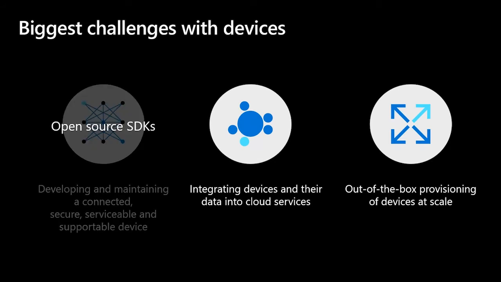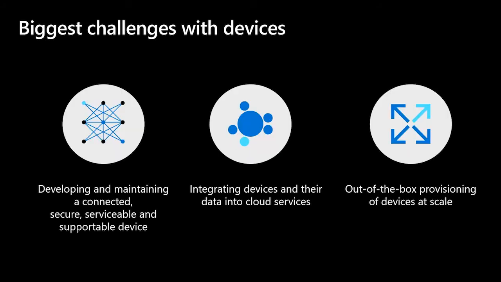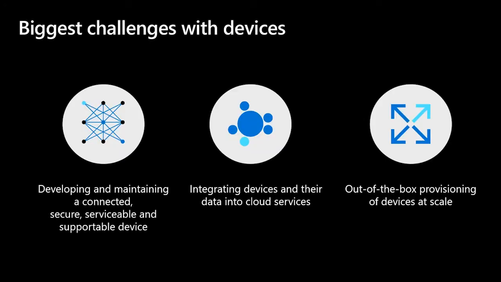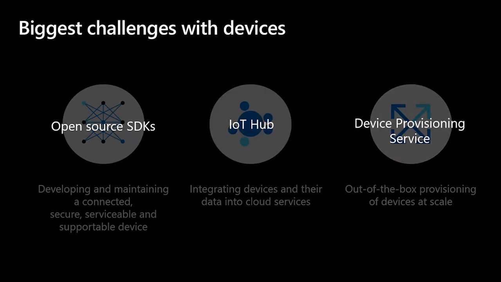The next thing that we see as challenges is actually integrating these devices and their data to cloud services. So as I mentioned before, IoT Hub is our cloud gateway, so you're able to do that at scale. The next thing is out-of-box provisioning the devices at scale. This is all about registering and provisioning those devices or configuring those devices, and that's where device provisioning service comes in and helps you.